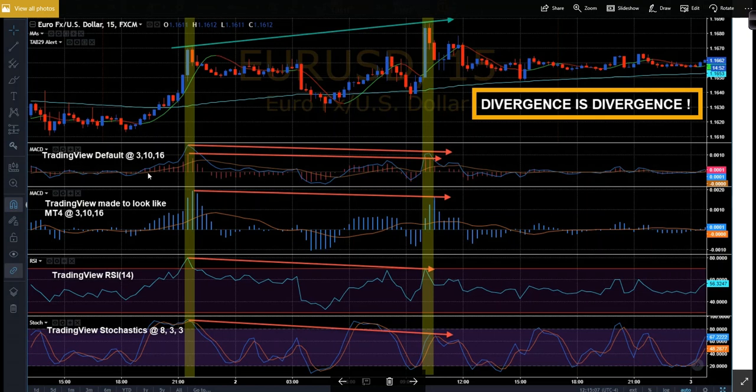What's happened in the TradingView, if you measure the histogram, it's gone down. If you measure the peak of the moving average plot, it's gone down. It's divergent. What about with MT4? It's just a bigger amplitude of the histogram. It's gone down. It's divergent. What about in RSI? Here it was way up here, almost, pushing, well, it's over 80.